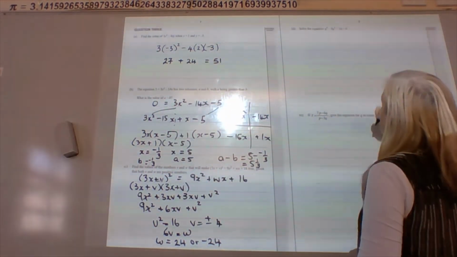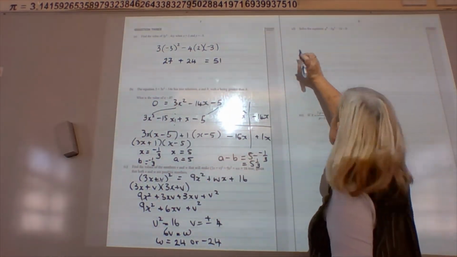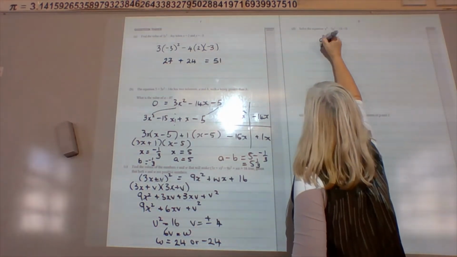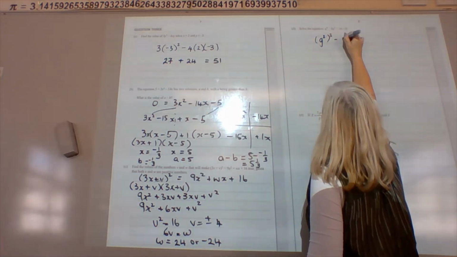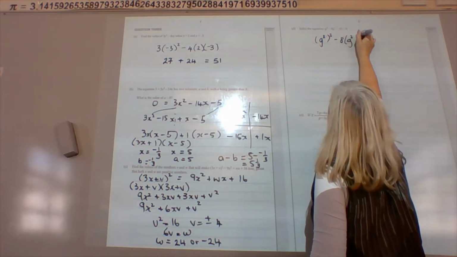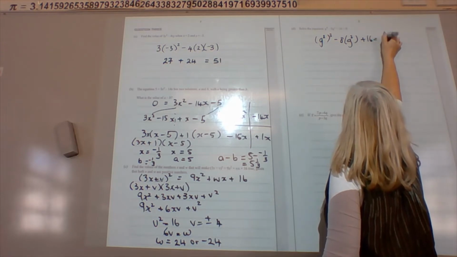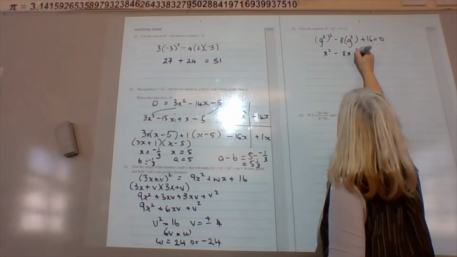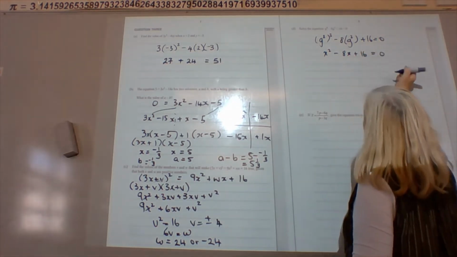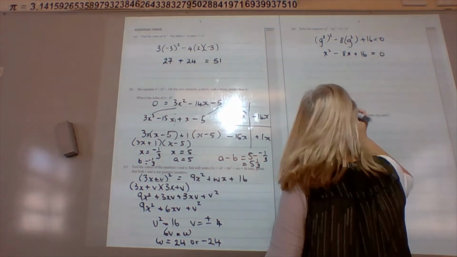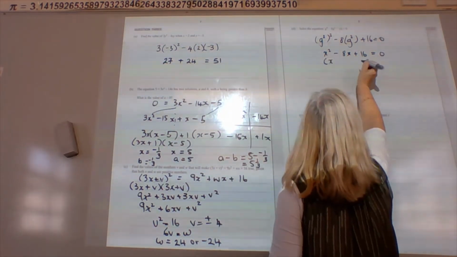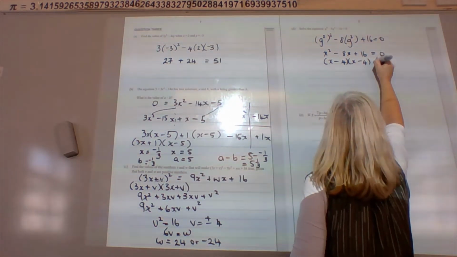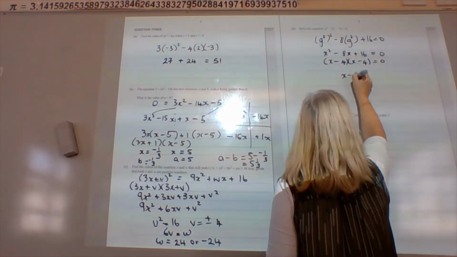Solving this equation. So there's a little weeny trick to this one. Basically what we can say is that this is g squared to the power of 2 minus 8g squared and 16. So if we pretend that this is x squared minus 8x plus 16 equals 0, and solve that one, we've got x minus 4, x minus 4, or x minus 4 equals 0.